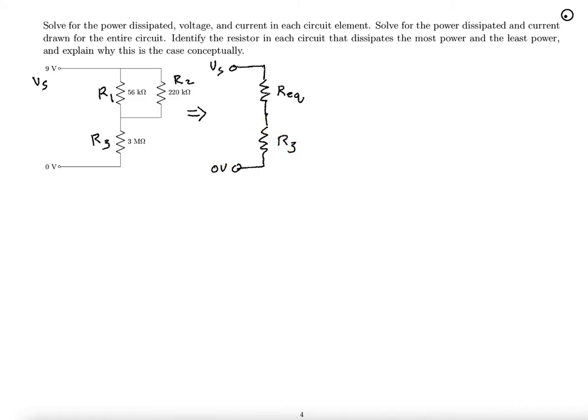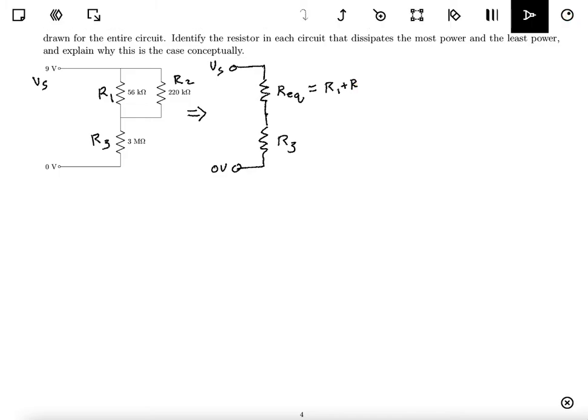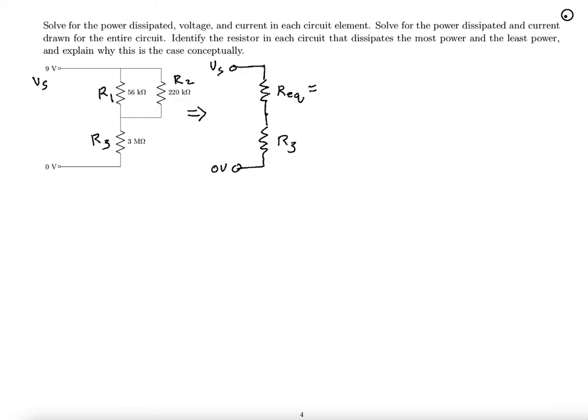At this point, the problem looks an awful lot like the first problem we did, but we'll go through it again here. We're going to use the resistors in parallel law, because these two, R1 and R2, are in parallel.